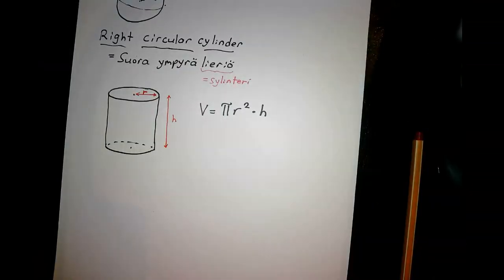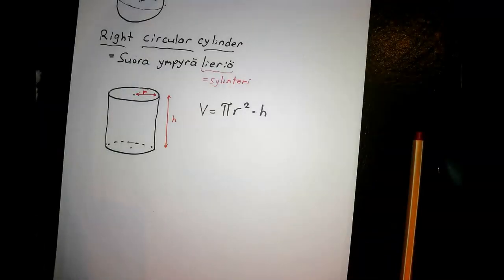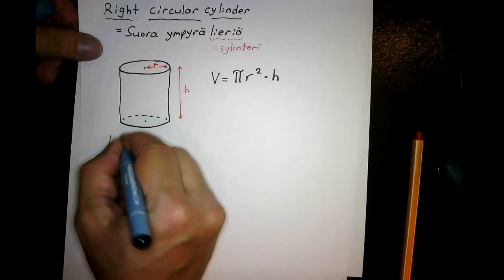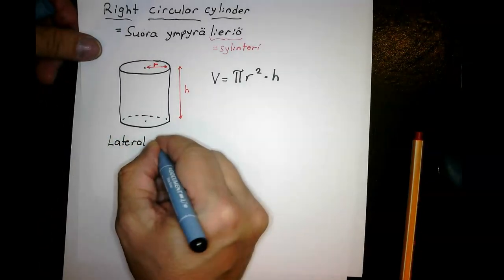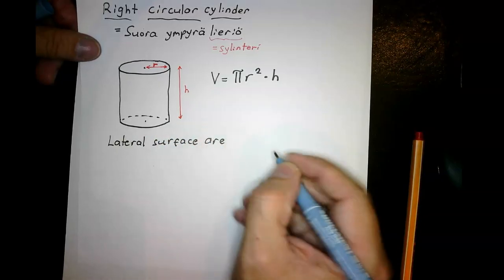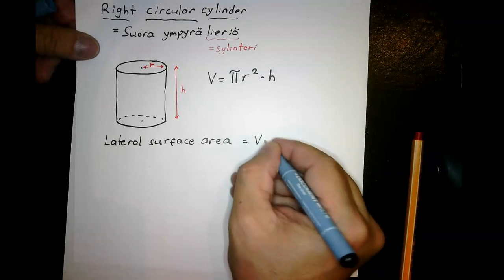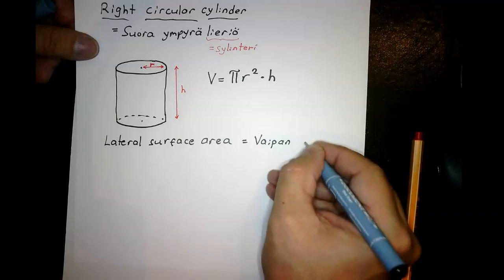So this is the formula for the lateral surface area. Let's put that in here. In Finnish it is vaipan ala.